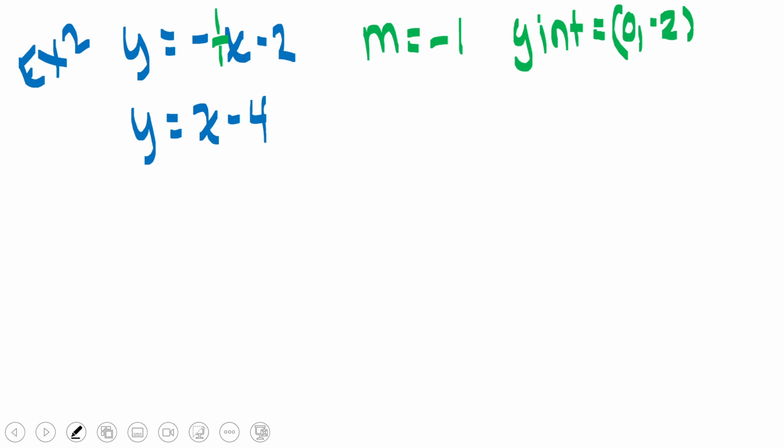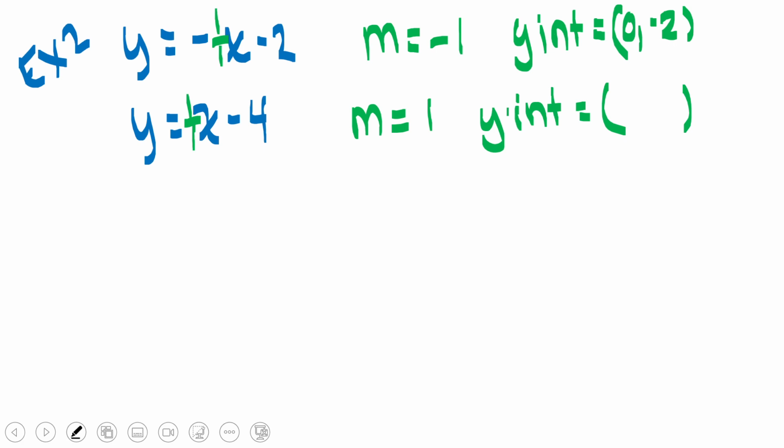That is a plotted point on the graph. Okay, on this one, we have a positive rise over run and an invisible 1 for our slope. And for our y-intercept, we worked with this in class a lot. We're going to plug in 0 for x, which leaves y equals negative 4. So 0 for x, negative 4.